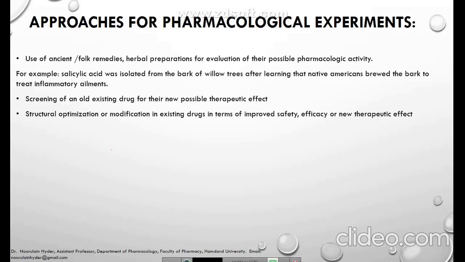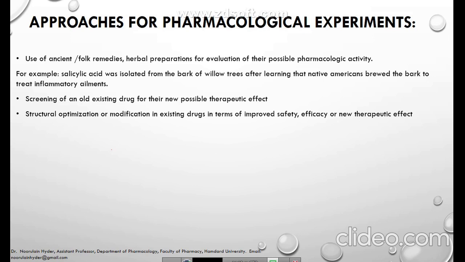The third approach is the structural optimization or the modification of existing drug for their modified effect. It means the modification of the structure of any compound to increase or improve its efficacy, safety, and therapeutic effect, and the determination of pharmacophores.